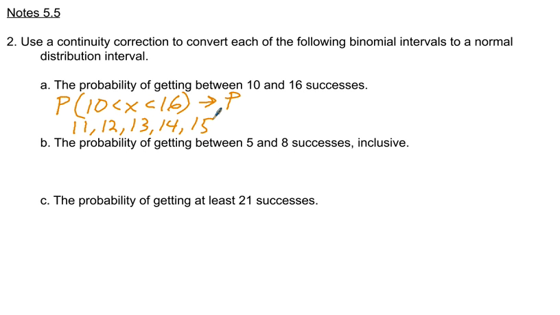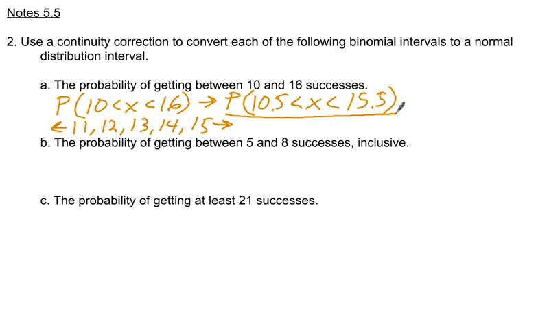In order to use the normal approximation, I need to expand this by a half in each direction to make sure I'm including all of 11 and all of 15. So my correction is going to be 10.5 because I have to subtract a half from 11, and I'm going to add a half to 15. So this is my probability I will use for the normal distribution.